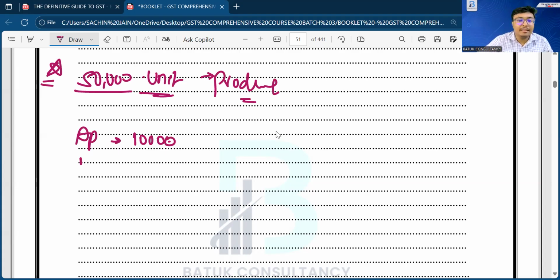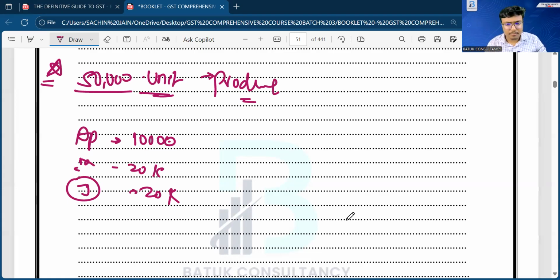In the May month, I have received 20,000 units. In June month, I have received 20,000 units. In that case, my question is whether I will be eligible to claim the input tax credit on a partial basis, that is, 10,000 when I have received, 20,000 when I receive, and 20,000 in June month.